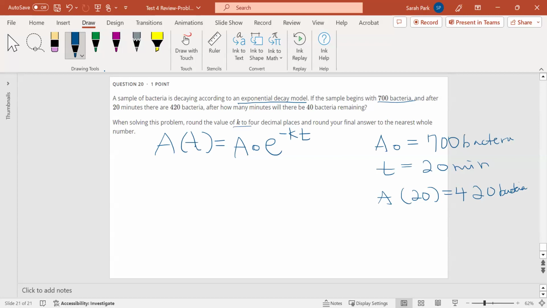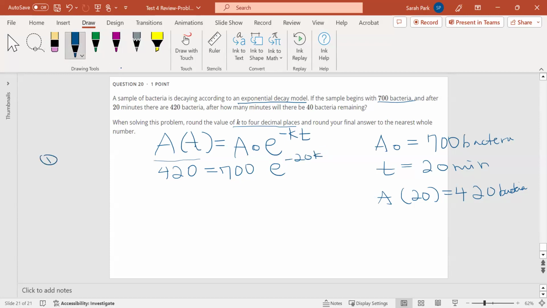And when we find k, we need to round to 4 decimal places. So let's first find k by setting what we know into this formula. A of t would be 420. The initial would be 700. We have e to the negative k times 20, or I could actually rewrite this as negative 20k.